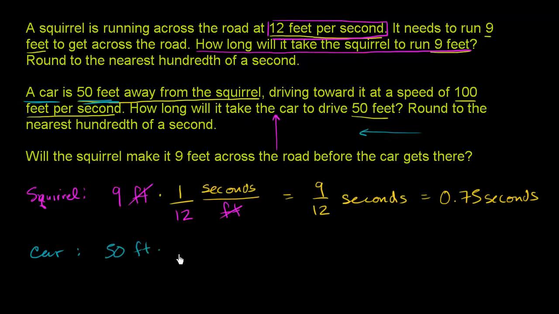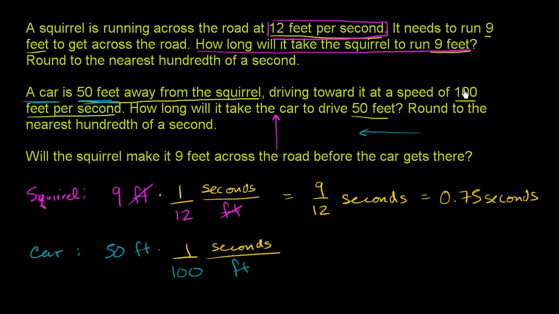Once again, we would want it in seconds, so we would want to multiply by seconds per foot. They give us the speed in feet per second, 100 feet per second. And so we just have to realize that this is 100 feet for every 1 second, or 1/100th seconds per foot.